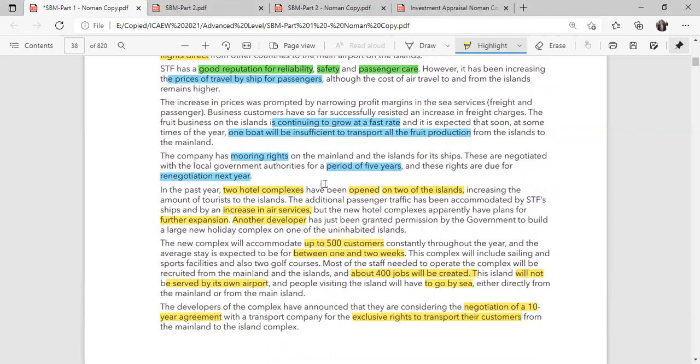Your second point was good because you have mooring rights and your rights are up for renegotiation next year. It is possible that they might be renegotiated or they may not be in next year's discussion with the government authority. So that's a significant threat, because what if you don't get renegotiation with good terms and conditions?